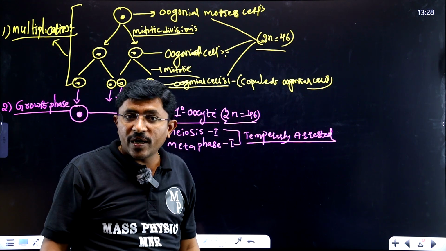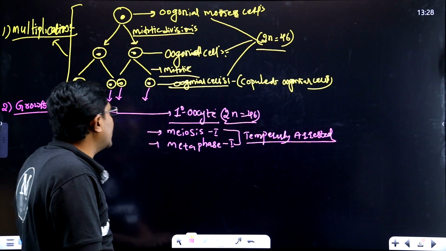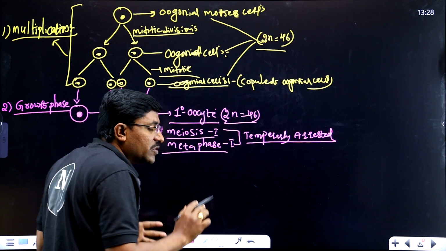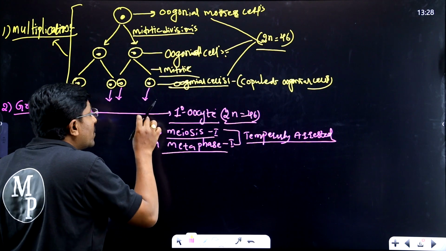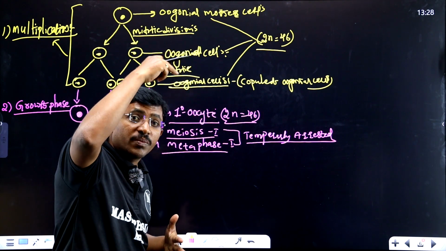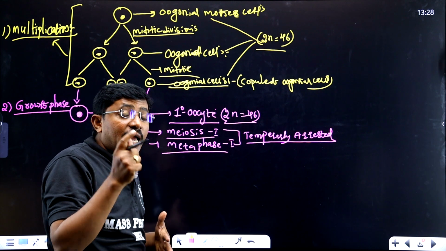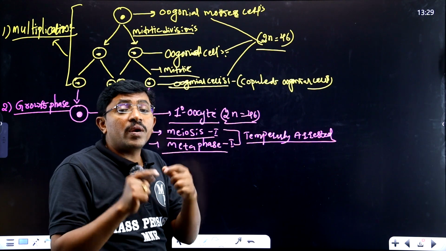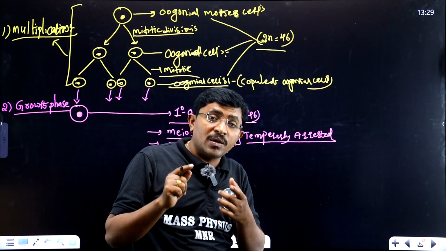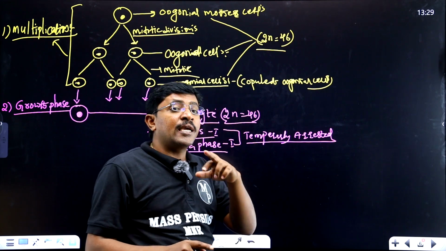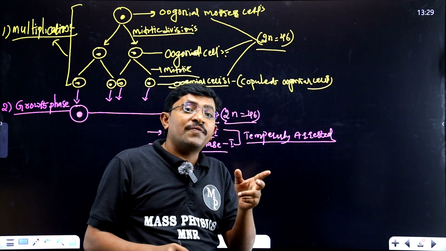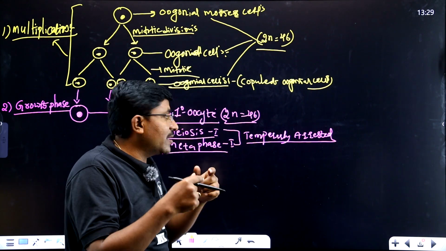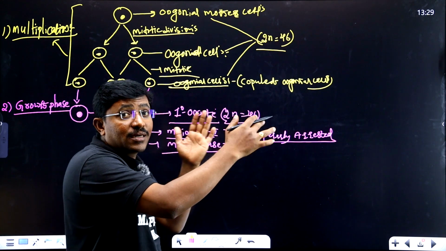A very important and interesting point: at puberty age the hypothalamus releases gonadotropin releasing hormones, which reach the anterior pituitary. The anterior pituitary releases FSH and LH, and these hormones initiate the primary oocyte divisions.